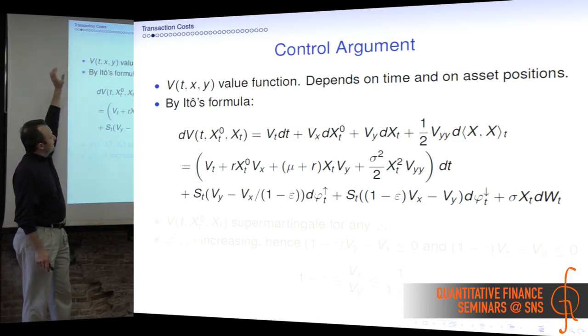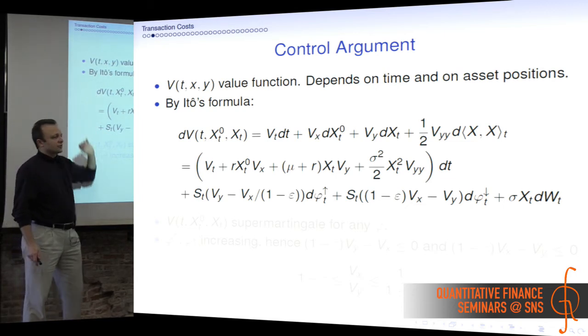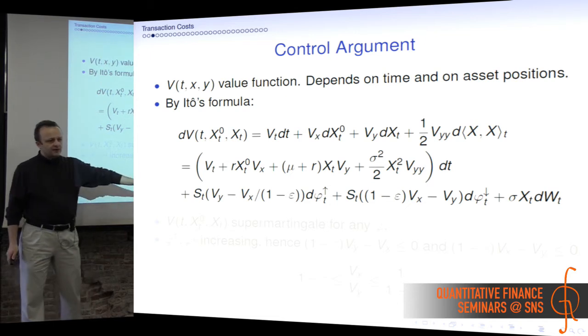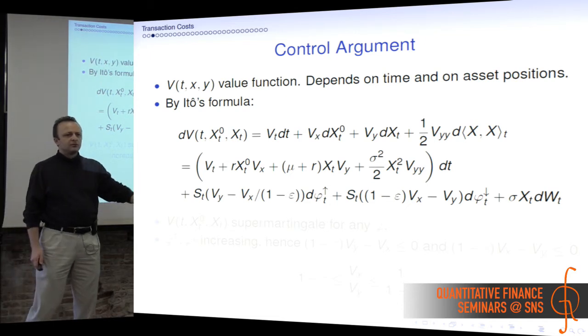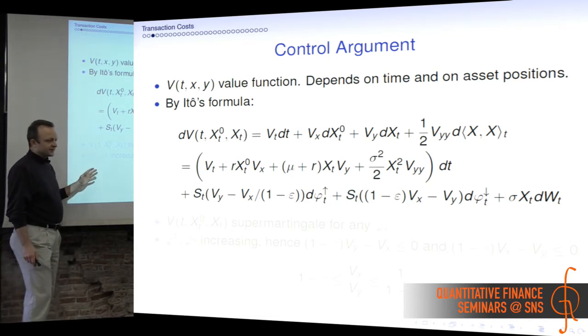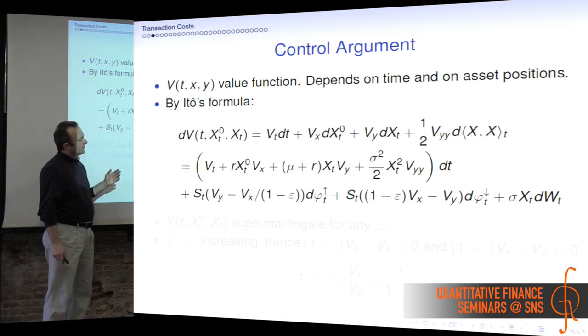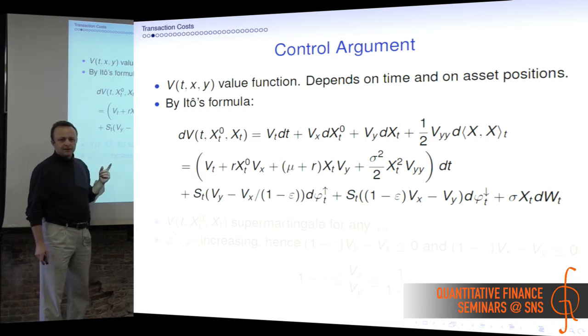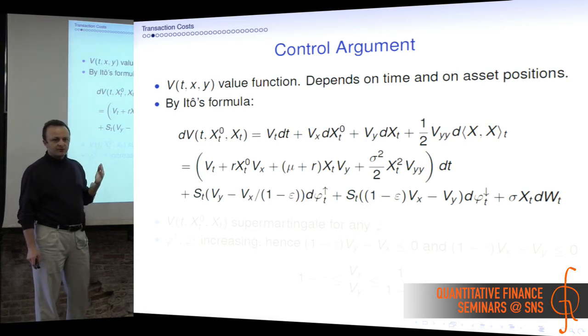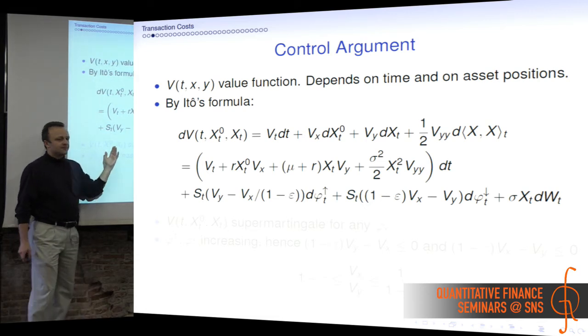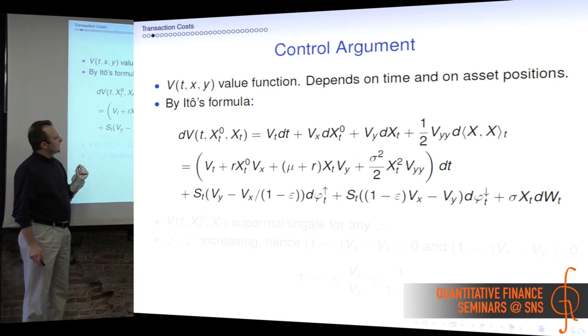So the idea is that the value function should always be a supermartingale. No matter what you do, it will be a supermartingale. But if you do the right thing, it should also become a martingale. That's the philosophical principle of optimal control.